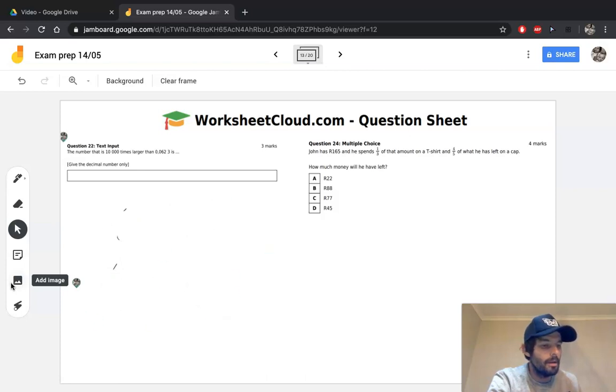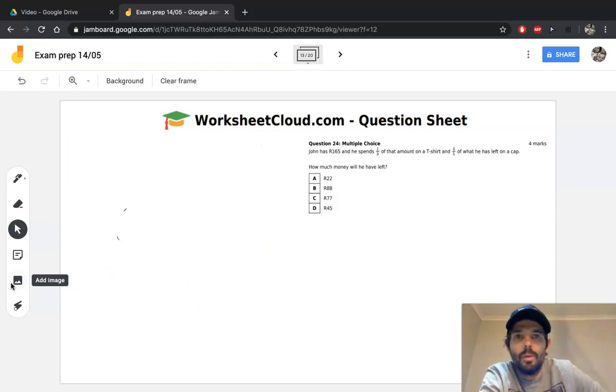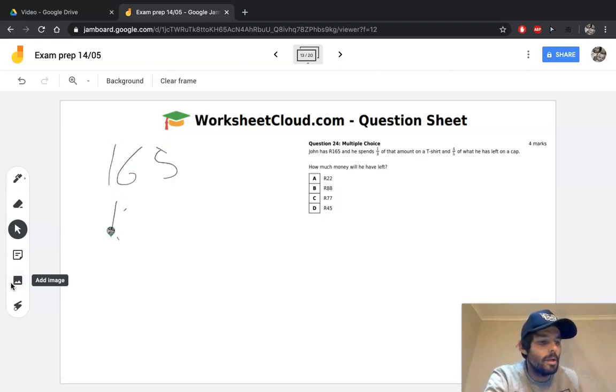Now, it would be handy for you to know if 165 was divisible by 3, purely because I need to know if there's going to be a remainder or if there's a decimal. So remember, the divisibility rule of 3 is if I've got 165, if I add 1, 6, and 5, that equals 12.